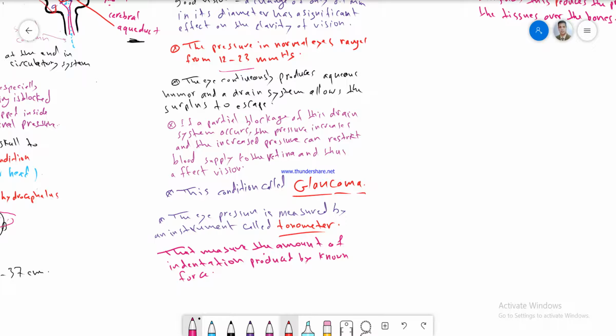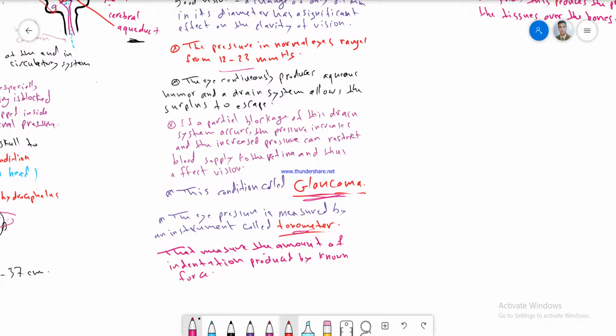This leads to damage of the retina and causes what is called glaucoma. The eye pressure is measured with an instrument called a tonometer, which measures the amount of indentation produced by known forces.